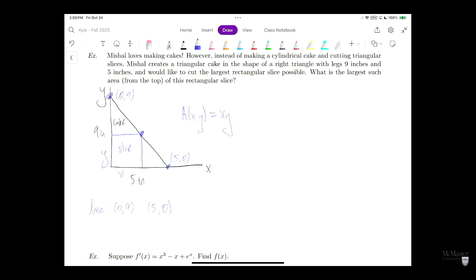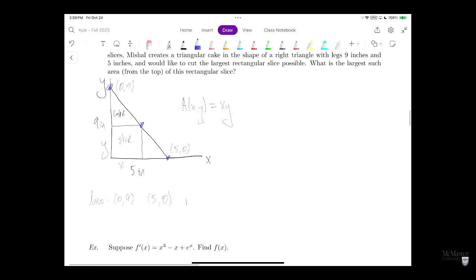So let's find the equation of the line. First, m is equal to rise over run, so (0 minus 9) over (5 minus 0). Our b we can read right off the graph. Our b is just 9 because that's our y-intercept. So our line is y equals negative 9/5 x plus 9. So that is our constraint.